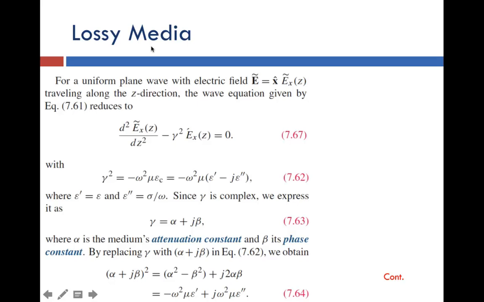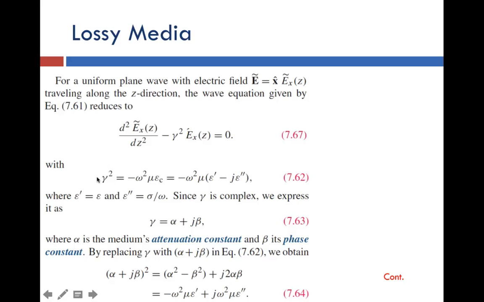Now we have a lossy media, meaning that it's not a perfect dielectric and it does have some non-zero level of conductivity sigma. So because of that, since gamma is complex, we can express it as a complex number, alpha plus j beta. And alpha will be known as the attenuation constant, and beta will be known as the phase constant.